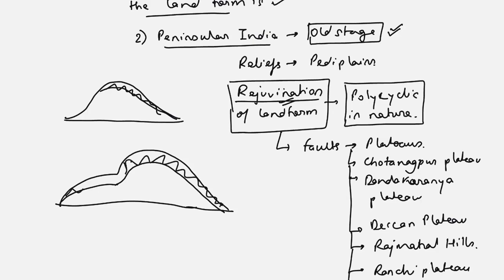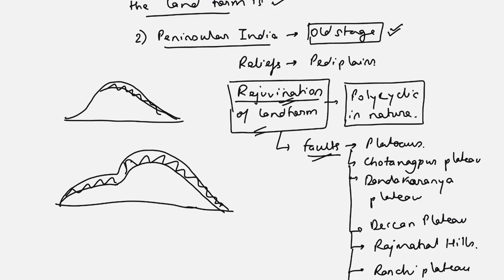So here we have various faults, which explain this. For example, we have the Mahanadi fault, then the Godavari fault, then the Krishna fault is present here, then the Dharwar fault, and we also have the Damodar fault. Okay, so these faults separate the regions where the rejuvenation has taken place. Also, there are certain plateaus which explain how the rejuvenation has taken place.